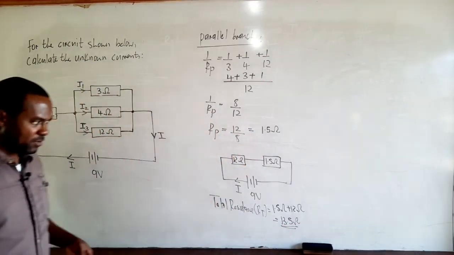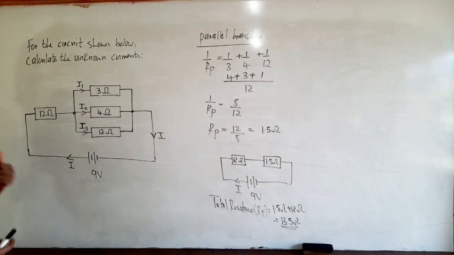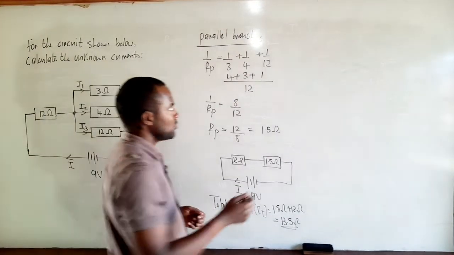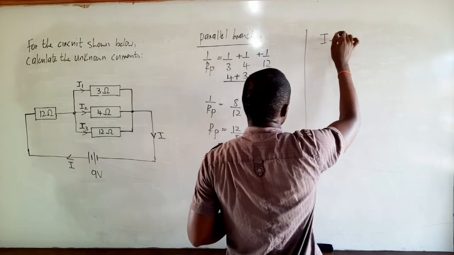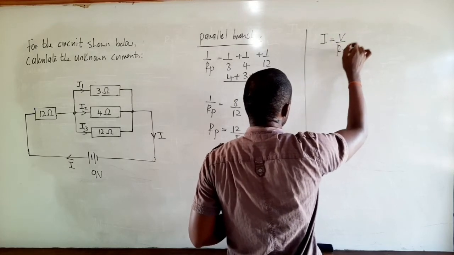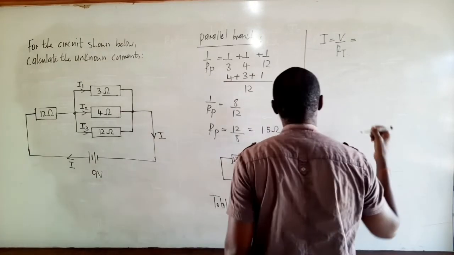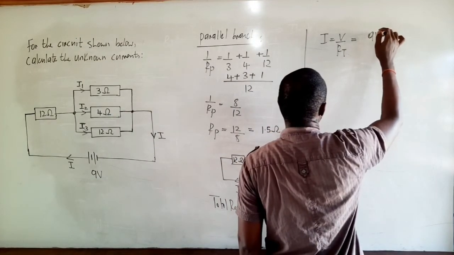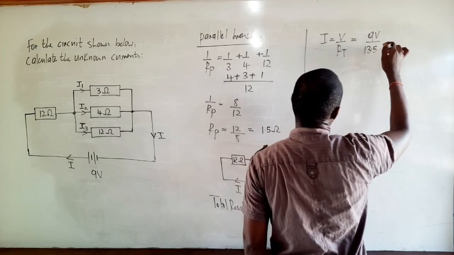Now that we found the total resistance RT, we can proceed to finding the total current I. So I is equal to V over RT, where V is the battery voltage or the battery EMF, and so this gives us 9 volts divided by 13.5 ohms.